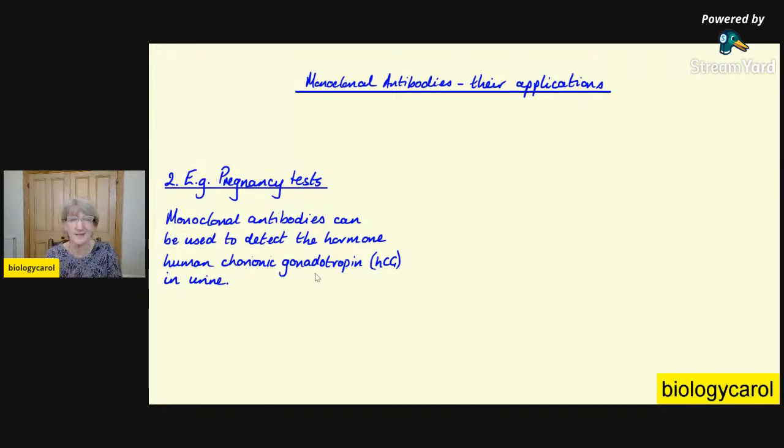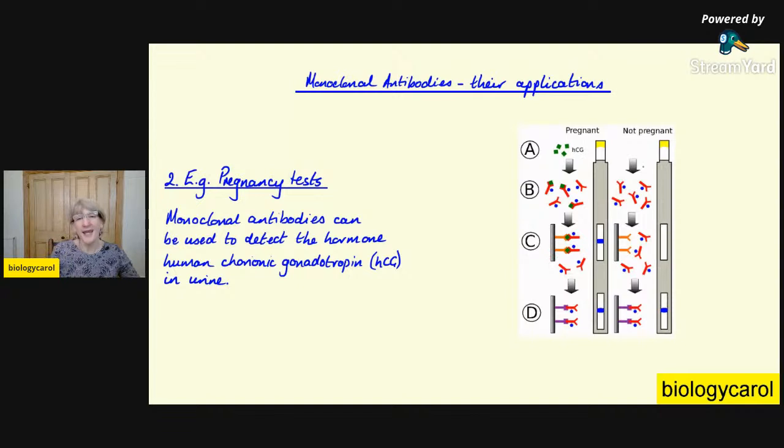Don't worry, you don't really need to remember that name. When a woman is very newly pregnant, this is the hormone that is produced and it is excreted in the urine. So very shortly after a woman becomes pregnant, this hormone is detectable in the urine, but only detectable by monoclonal antibodies because it's potentially produced in very small amounts. And of course, we need something that is going to bind specifically with the hormone we're looking for.